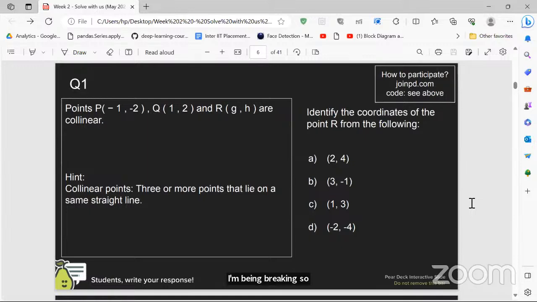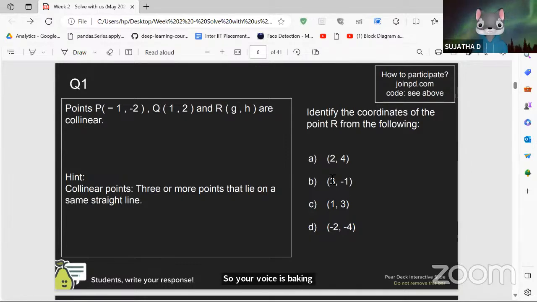Sir, can you explain this? Okay, what you can do is... Sir, you are not audible. Sir, your voice is breaking. कोई के पास ग्रेड असाइनमेंट है? Yes, sir.